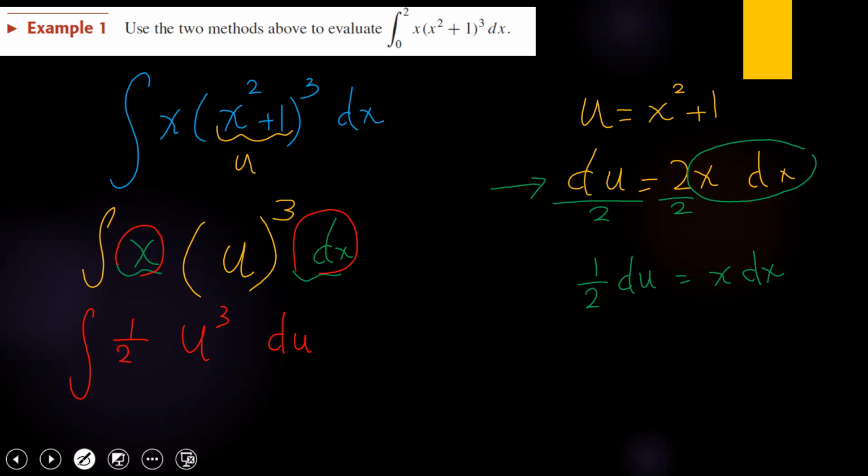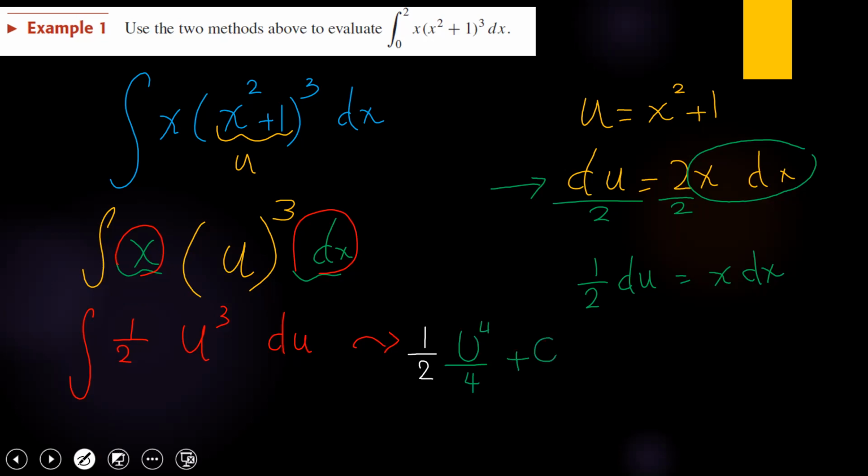Now we have a very simple integration with only one variable, so I can integrate it. It is half times u to the power 4 over 4 plus c.